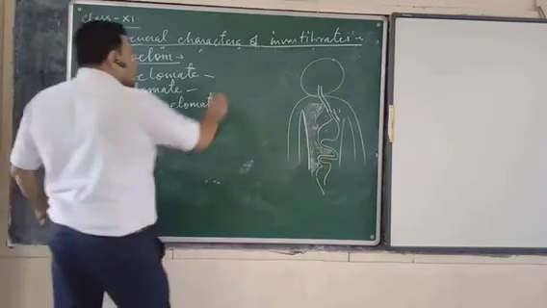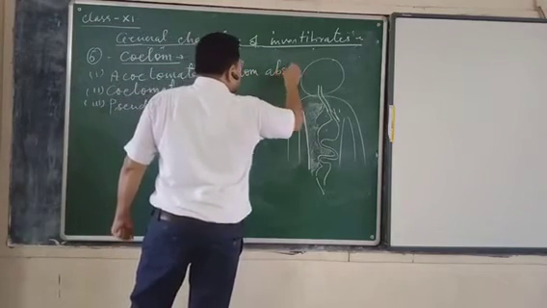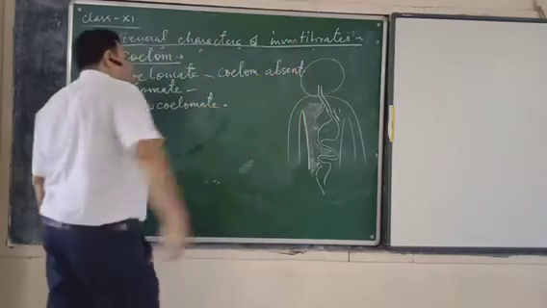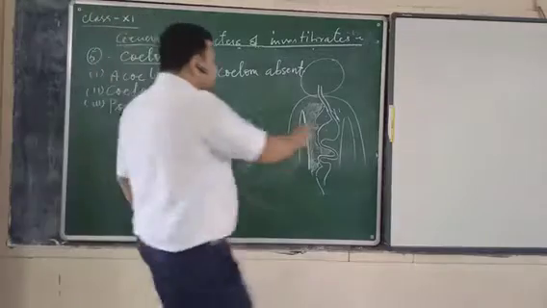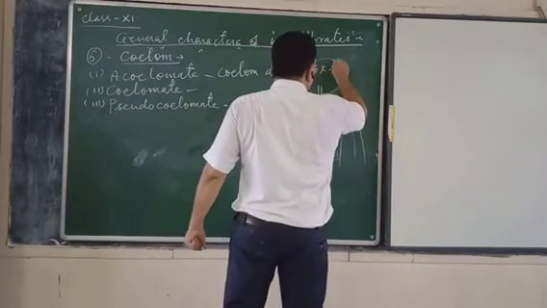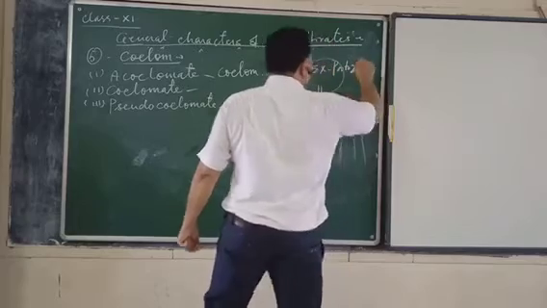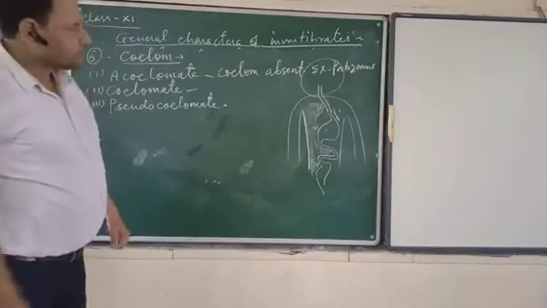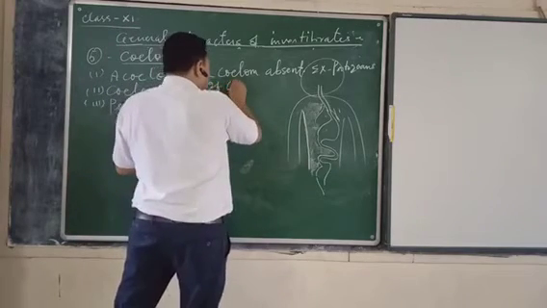If coelom is absent, then the organism will be acoelomate. Example, protozoans. Coelomate if coelom is present.